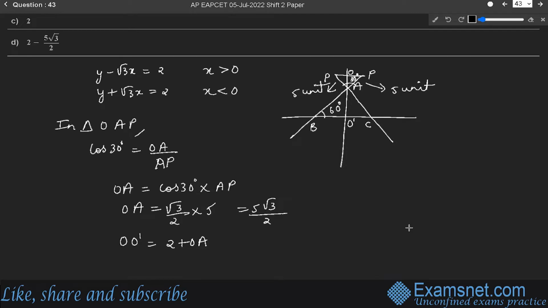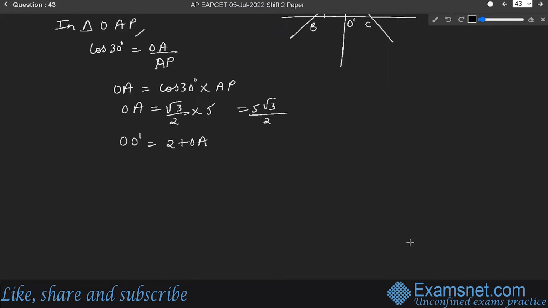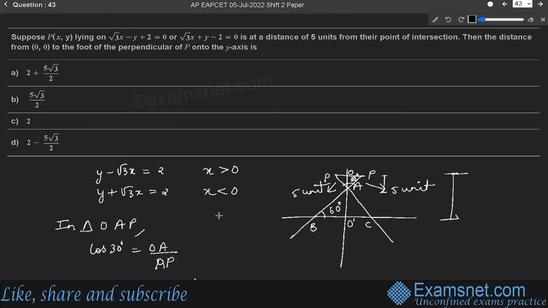If the distance from here to here is OA, then the distance of this particular portion will be 2 plus OA. So it will be 2 plus 5 into root 3 upon 2. So we can say that the required distance is 2 plus 5 root 3 upon 2. Therefore, the correct option here is option number A.